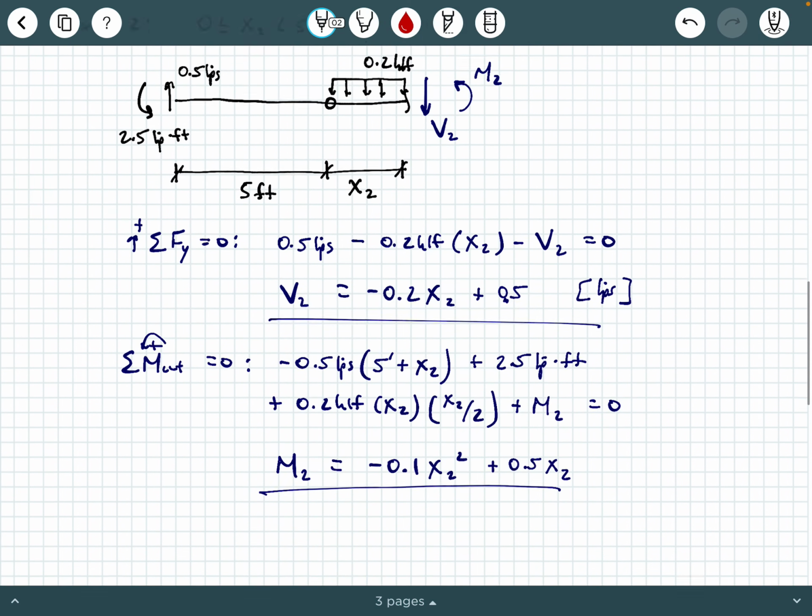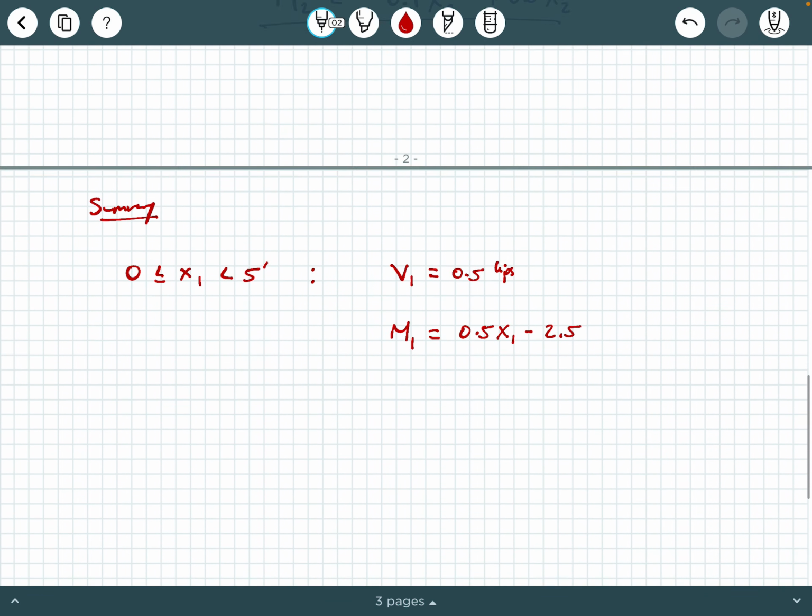Yep. And then on the domain 0 x2 up to 5 feet, we had V2 as negative 0.2 x2 plus 0.5, and M2 as negative 0.1 x2 squared plus 0.5 x2. And that concludes this example.